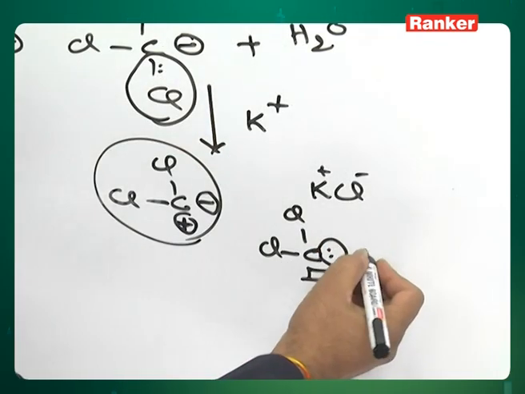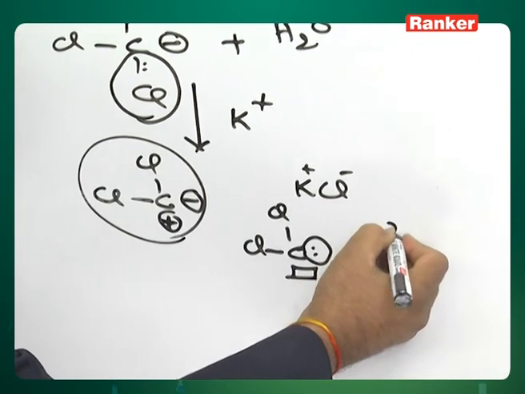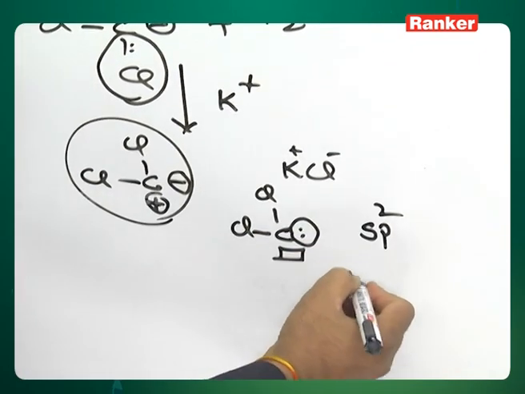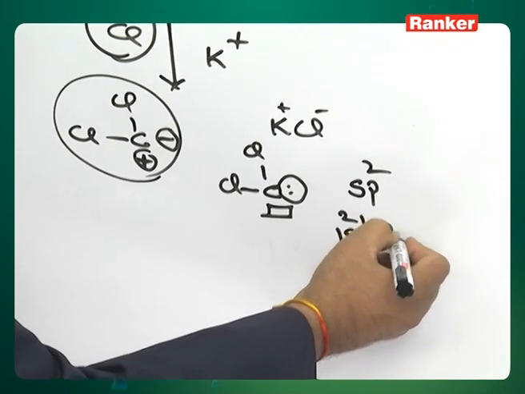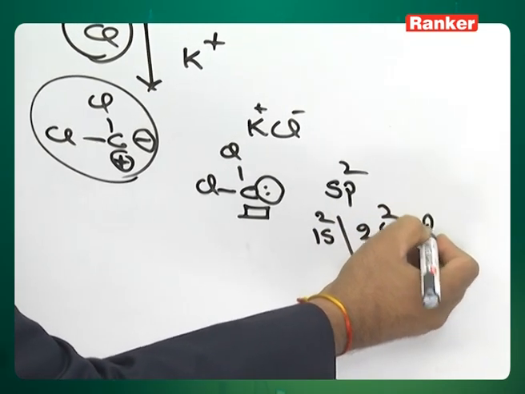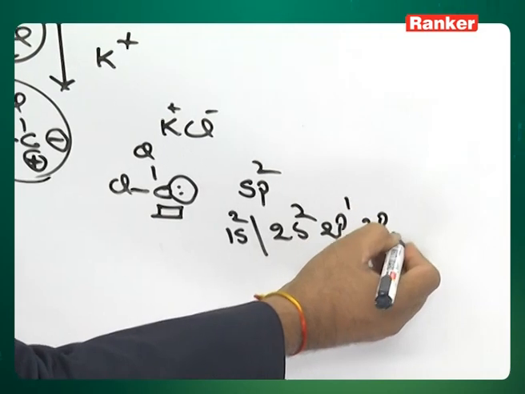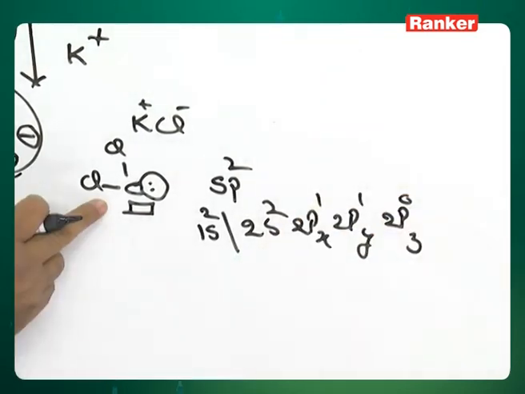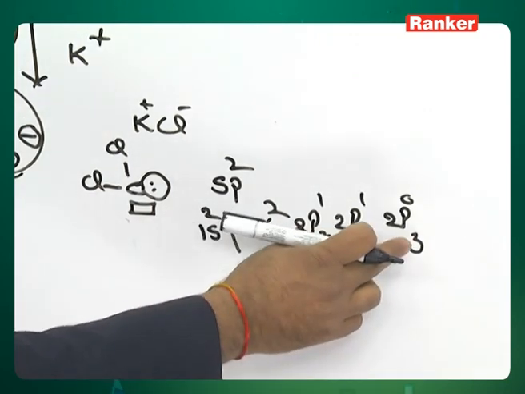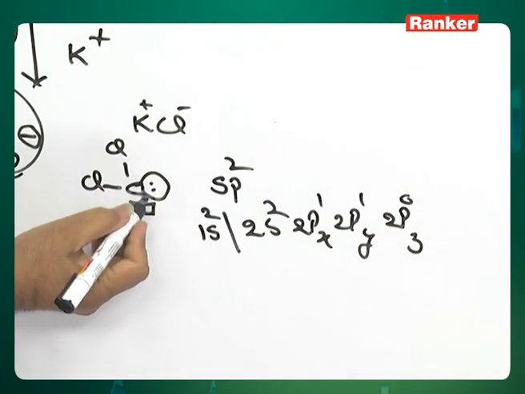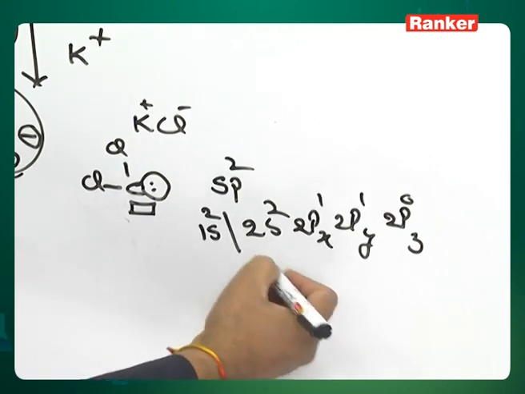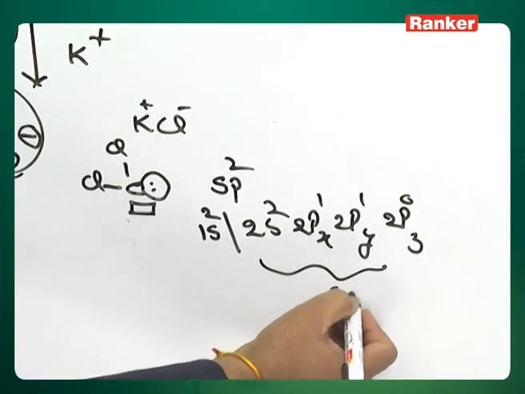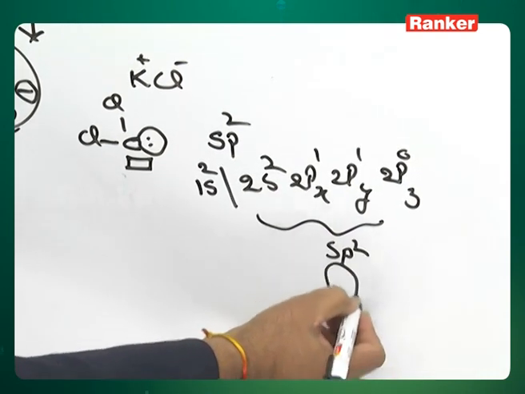This will have, in fact, sp2 hybridization with the electronic configuration 1s2, 2s2, 2px1, 2py1, 2pz0. That is, one electron is removed, so therefore the last orbital is 0. One excess electron is in the 2s2. So these undergo sp2 hybridization, forming 3 hybrid orbitals.